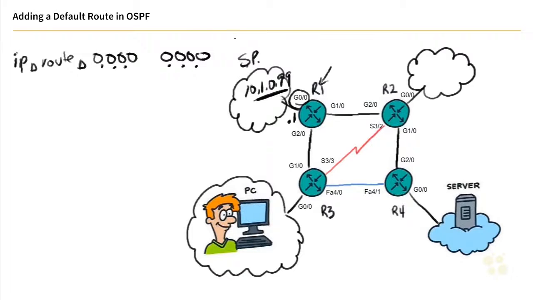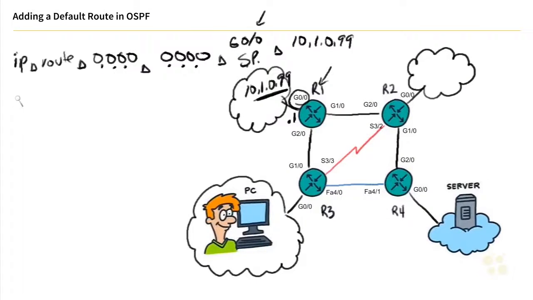For this example, let's use gig 0/0 as the exit interface, put a space there, and after that specify the next hop of 10.1.0.99. I want to reinforce here that if we don't add the interface, the Cisco router knows which interface to use to get there if you only have one. And in a previous video, we looked together at the pros and cons of when you might or might not use the egress or exit interface as part of a static route command.